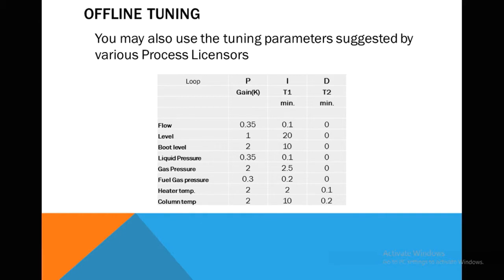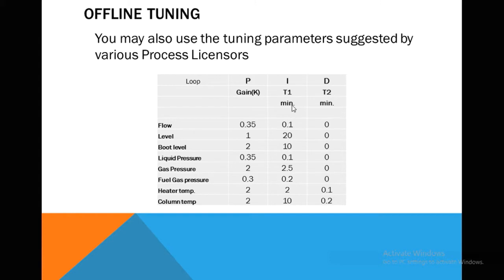These could be set, but the only thing is that you should understand that you have to take care of the type of DCS which you have. Some of the DCS will have proportional band instead of gain, and some will have a different unit of integral time and derivative time.